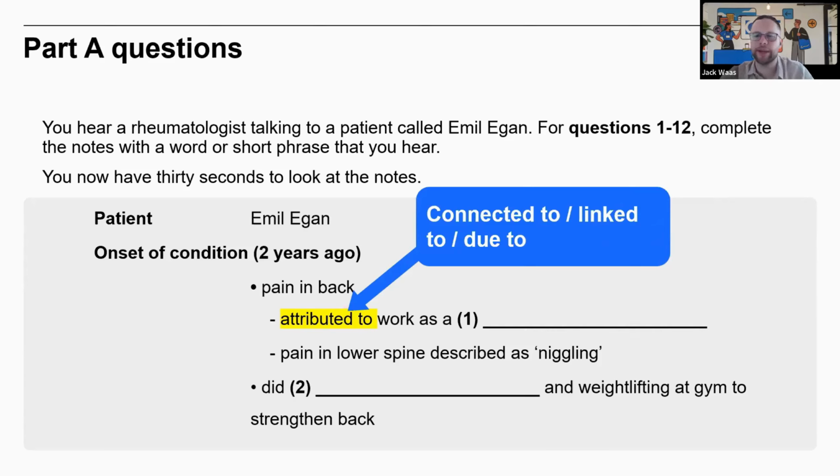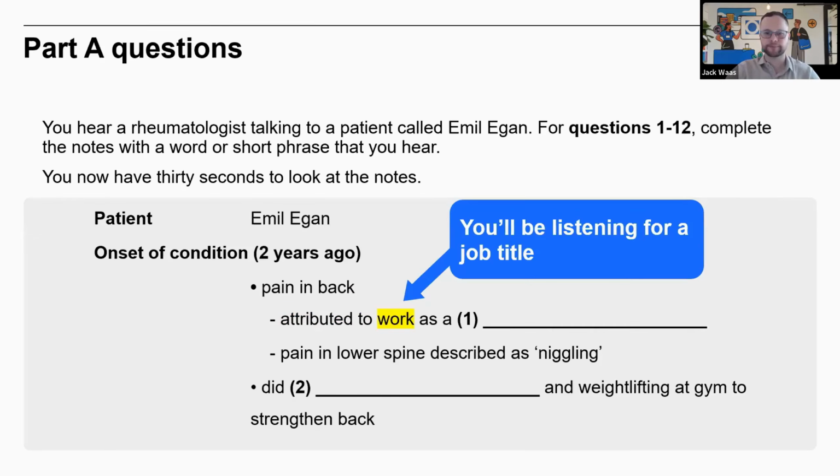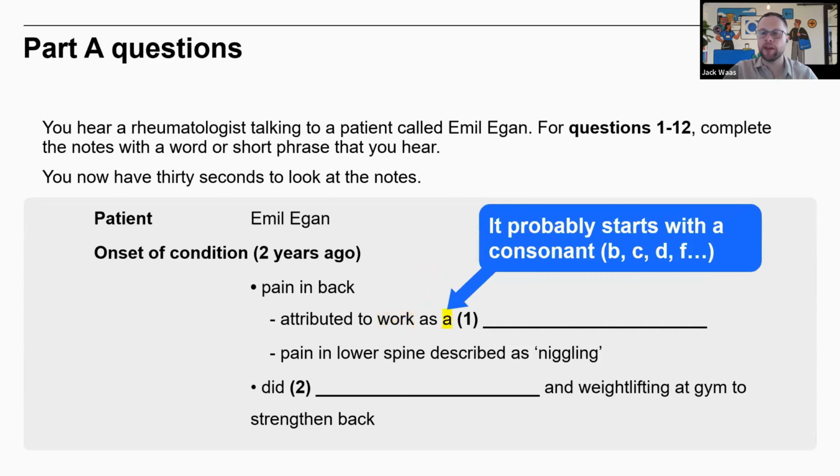So I can anticipate the patient will likely describe something about the cause of the condition in the first blank. What is it caused by? What is it linked to? Closer to the blank, the word work stands out, telling me that I'll probably be listening for a job title, right? The article gives me one more clue. It probably starts with a consonant, right? B, C, D, F, because we have the article A, not an, meaning that we're probably listening for a consonant.